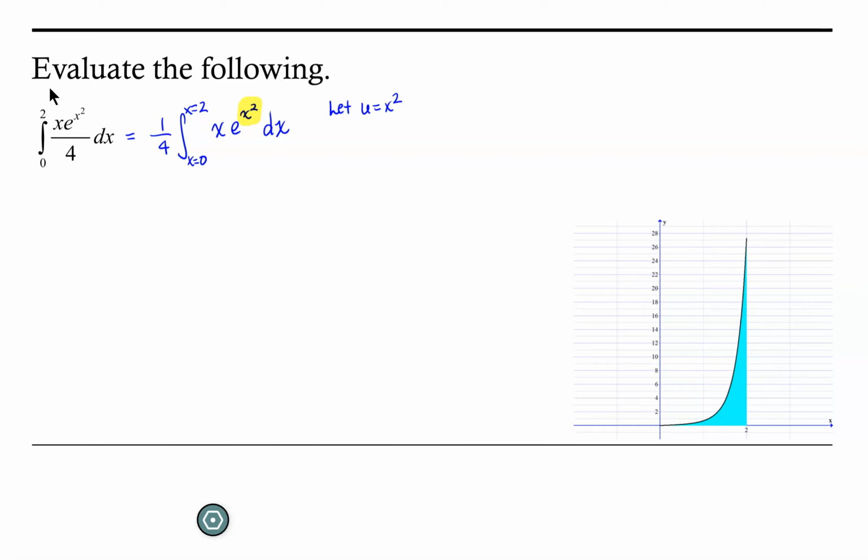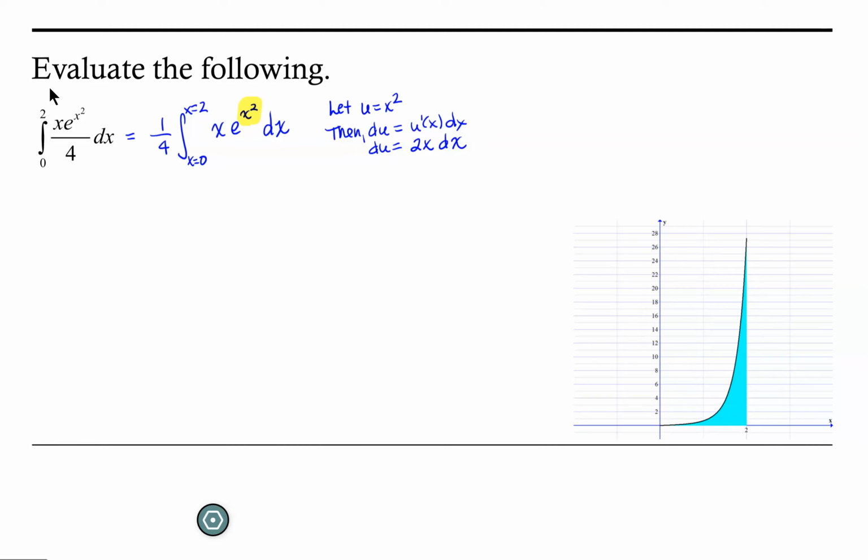So if u is equal to x squared, then du is equal to u prime of x dx, or in this case, u prime is 2x dx. So let's pause there first. I'm changing my integral from a function depending on the variable x to depending on the variable u.